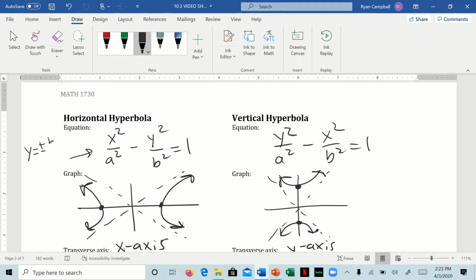B. So it's B over A, right? Rise over run. For the vertical one, it's going to be y equals plus or minus rise over run. Rise, that's the y value, so we have a over b x. If you just want to memorize those, that's fine too. But I just remember it as rise over run. Whatever's under y, divide by whatever's under x.